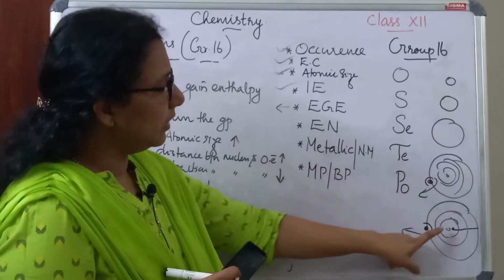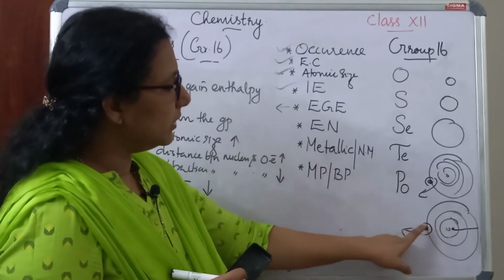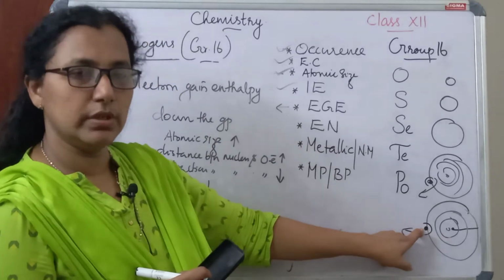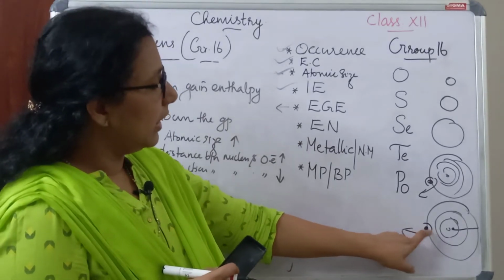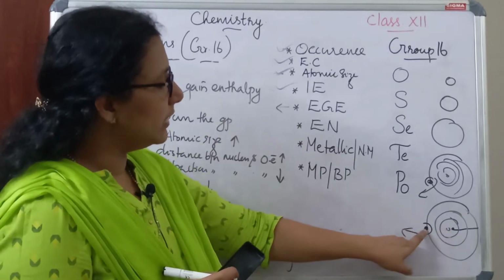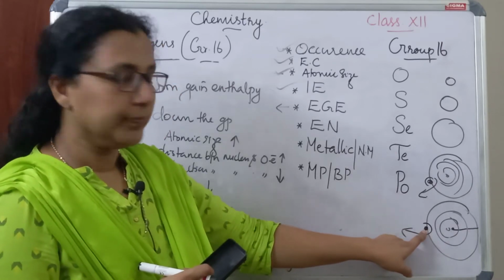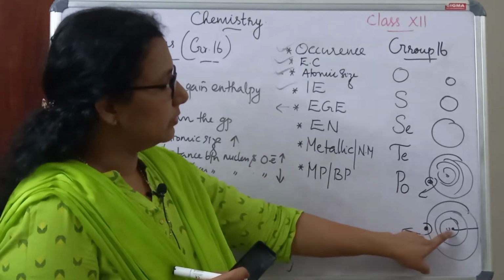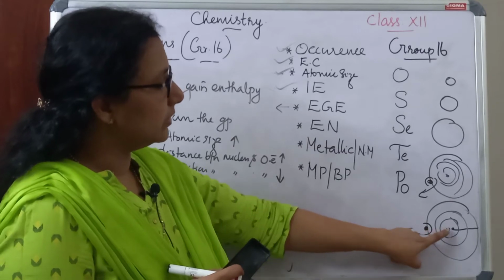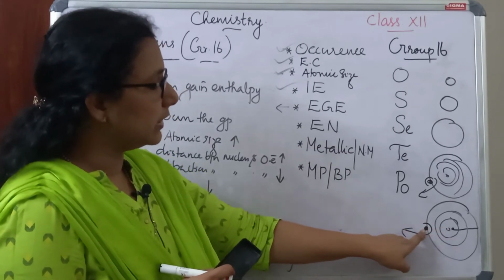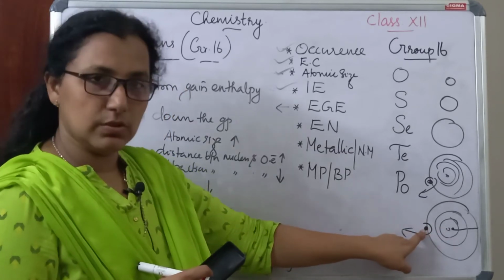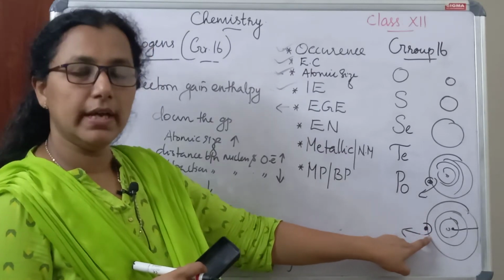When we are moving down, the distance between the nucleus and the outer electron is more, and the attraction between the nucleus and the electron is less. So the nucleus cannot hold an electron.